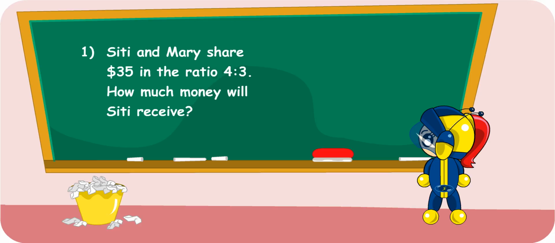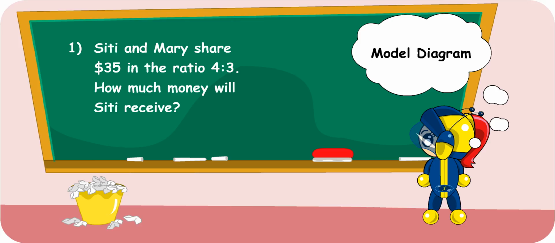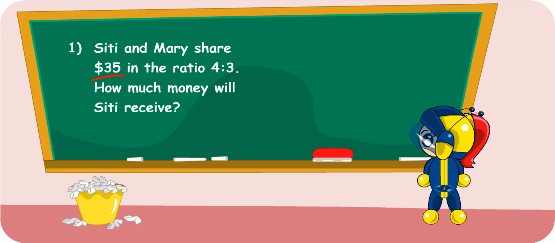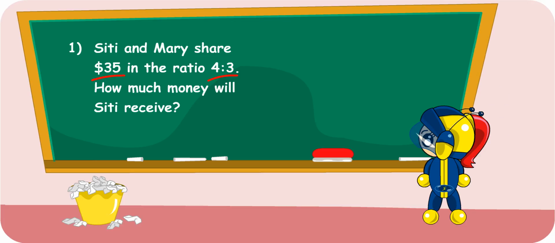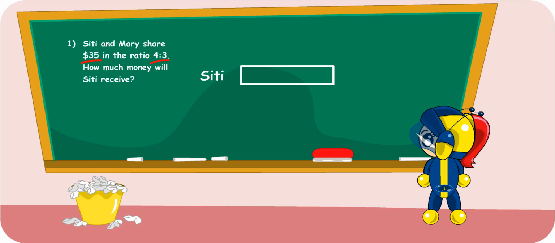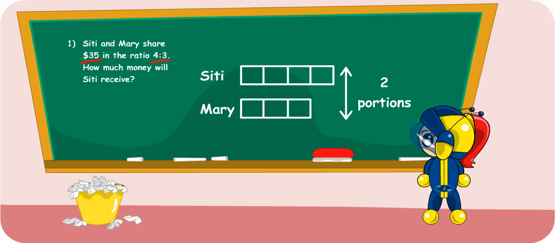This can be solved by drawing a model diagram. $35 is divided into two portions in the ratio of 4 to 3. So, we draw one bar of length 4 units and another bar of length 3 units to represent the two portions. They are altogether 7 units, and this is equivalent to $35.